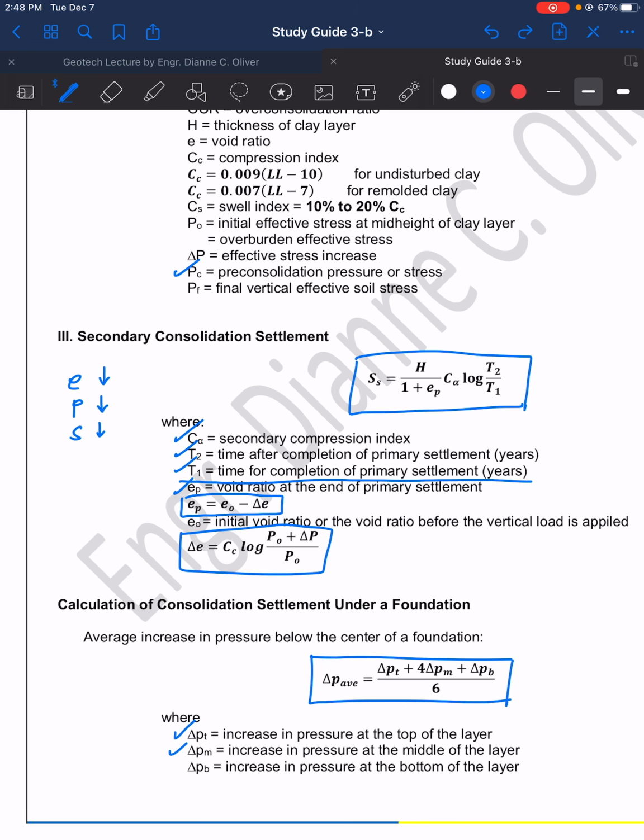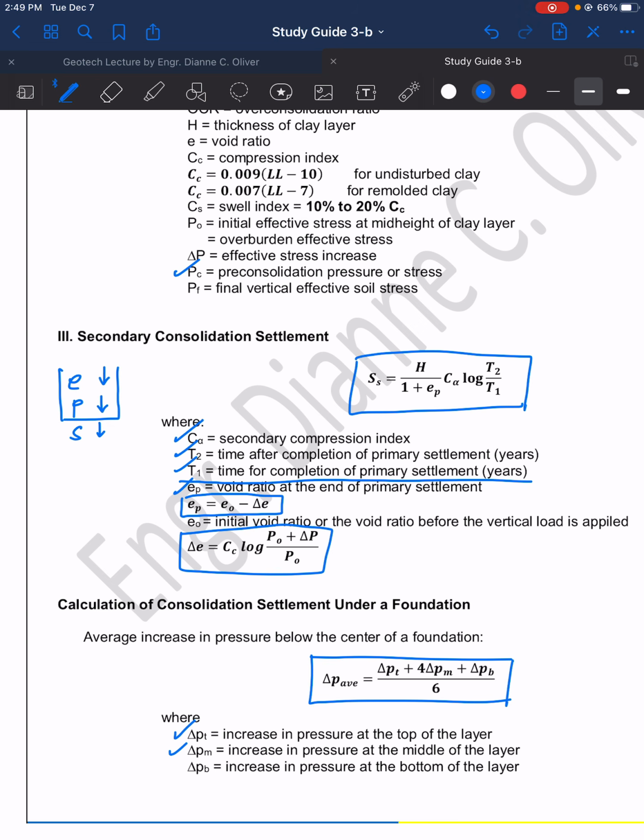So T sub 1 is the time of completion for primary settlement. So meaning it needs to complete first these two. Okay? The completion for the primary settlement. Then T sub 2 is the time after completion of primary settlement.